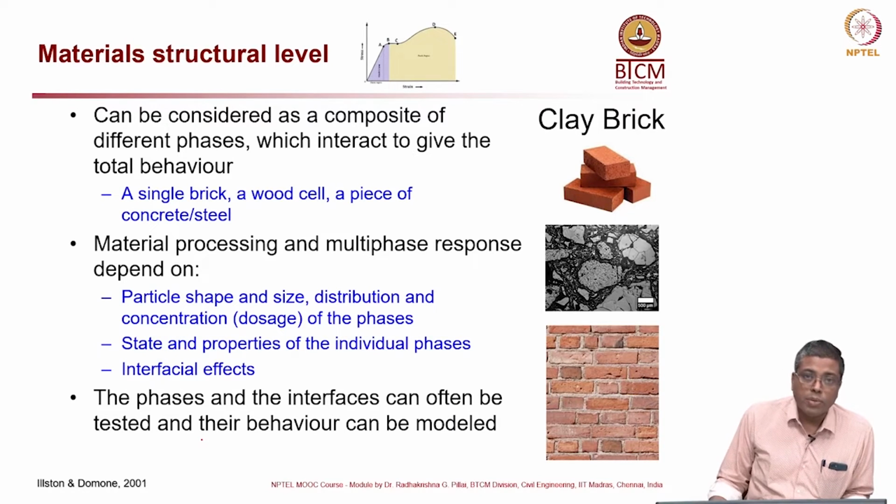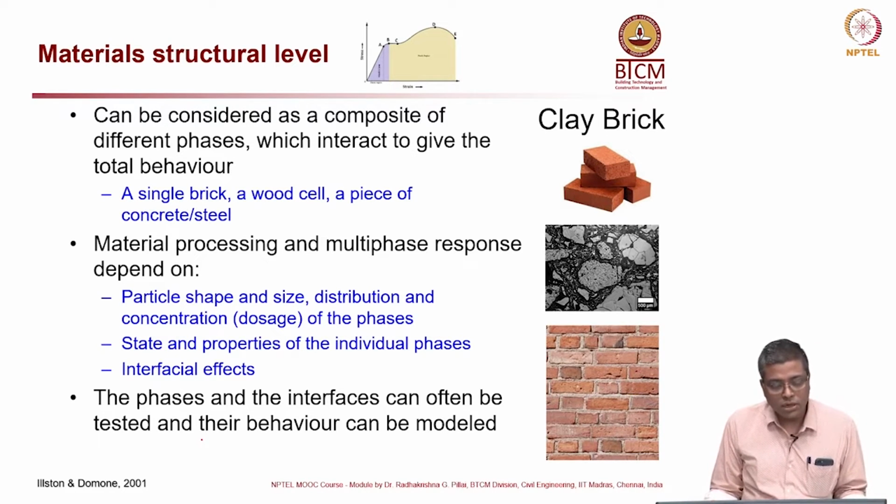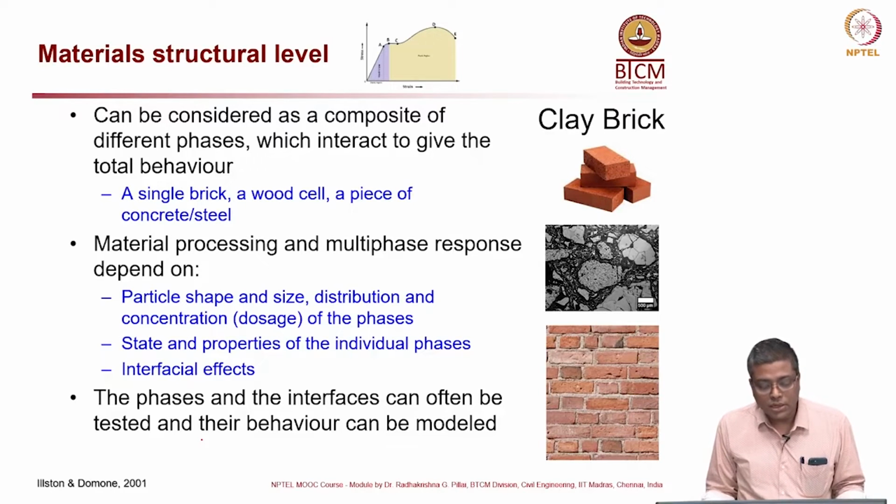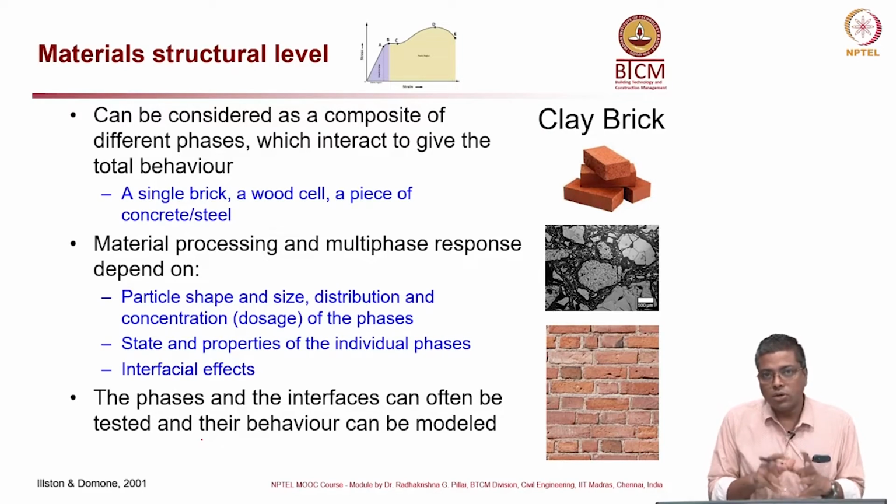Now, when we talk about the material structure level, that is the second level of information I mentioned, it can be considered as a composite of different phases which interact to give the total behavior. In the picture on the right side you can see a clay brick.